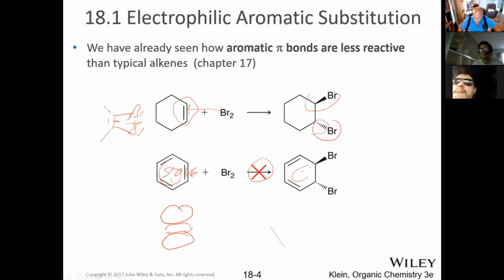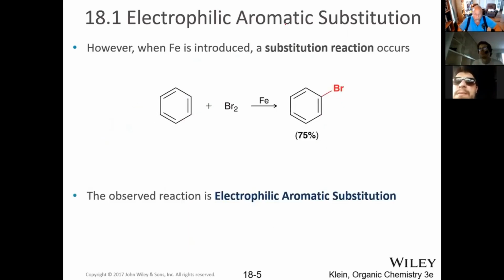Okay, so that's the concept of electrophilic substitution. But aromatic is when you have a benzene ring.